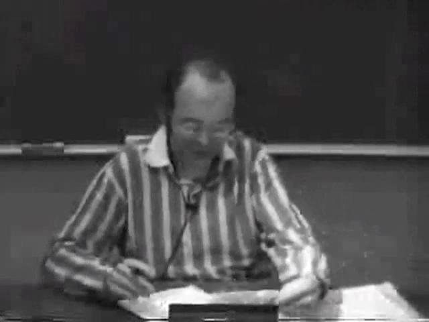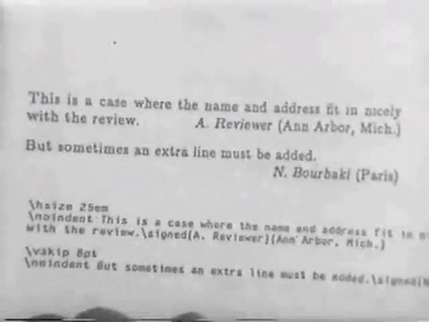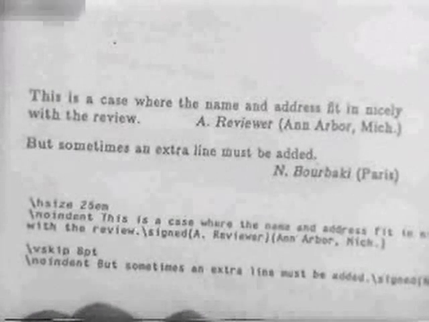Okay. The third problem was the one relating to paragraphing, and we wanted to be able to move lines up. And this is interesting, partly because it actually occurs in Mathematical Reviews.